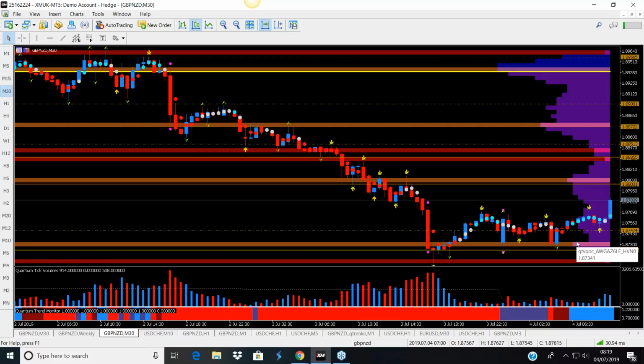And I suspect the same, if you looked at the charts for the pound Aussie, you would see the same type of price action. Going back to volatility, we had this volatility candle here. There was a breakaway also from the volume point of control.